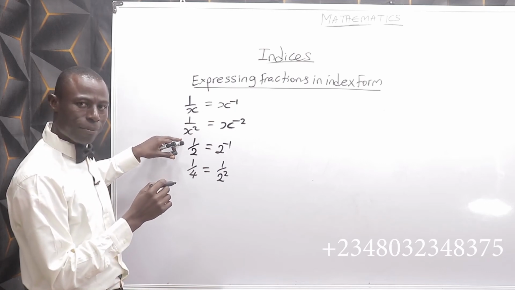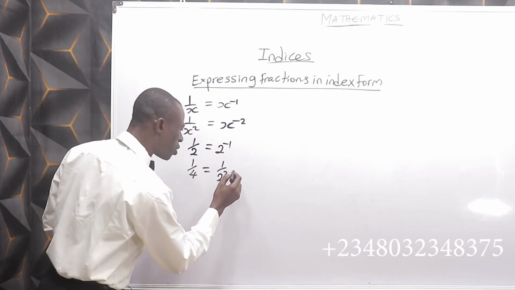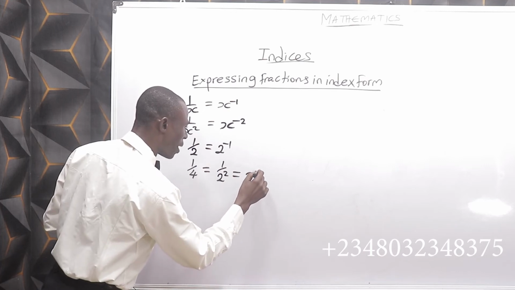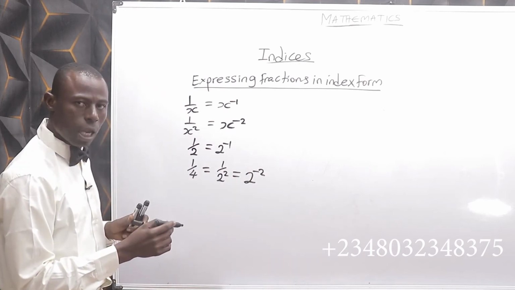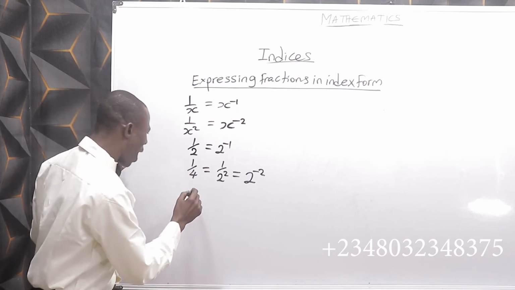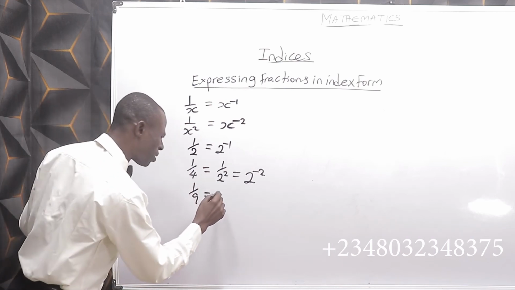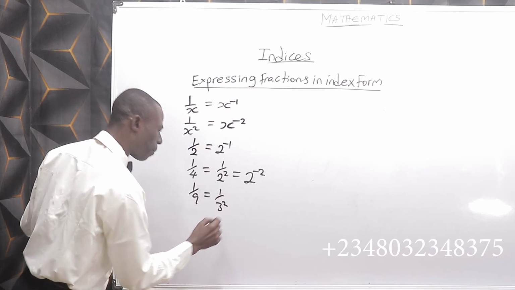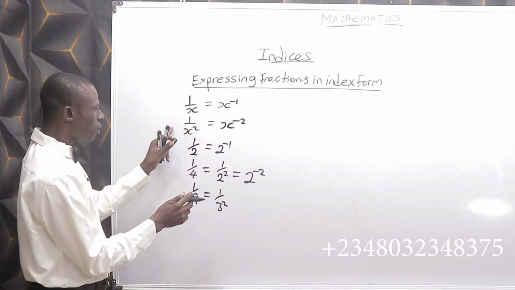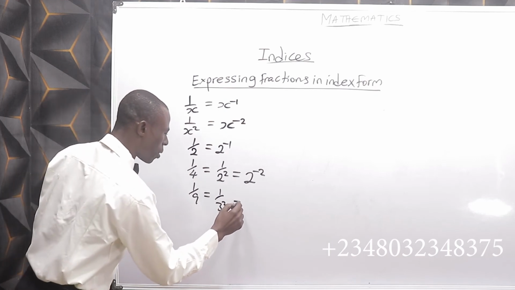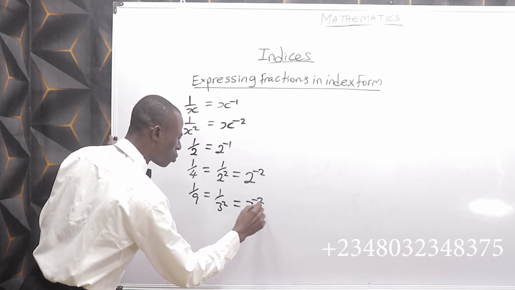Am I communicating? So after that, you express it finally as 2 raised to the power minus 2. I hope you are following. So 1 over 9 also will be expressed first as 1 over 3 squared. And thereafter, remember this, you write it as 3 raised to the power minus 2.